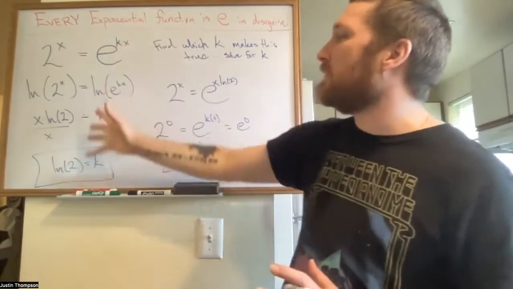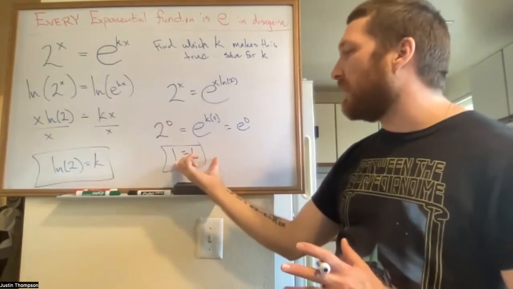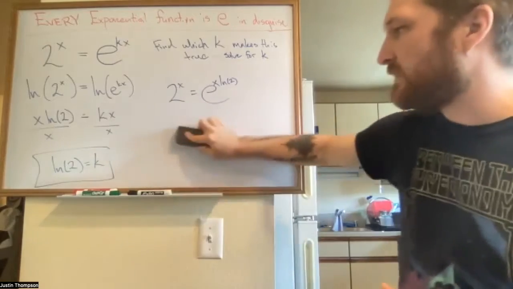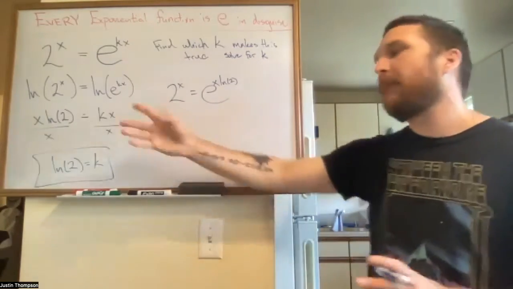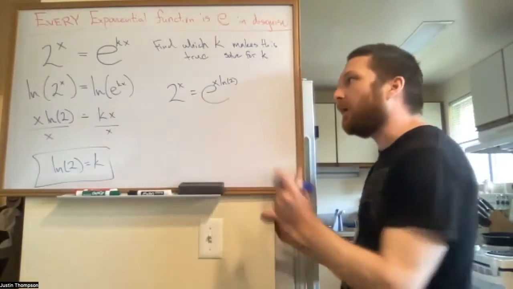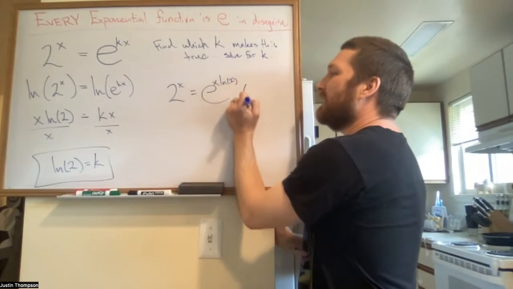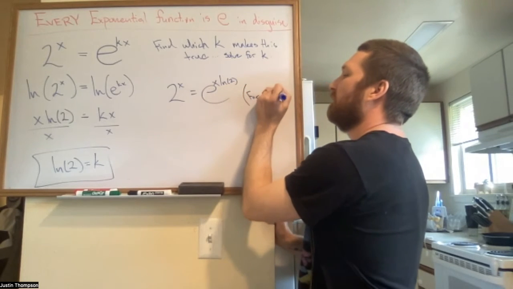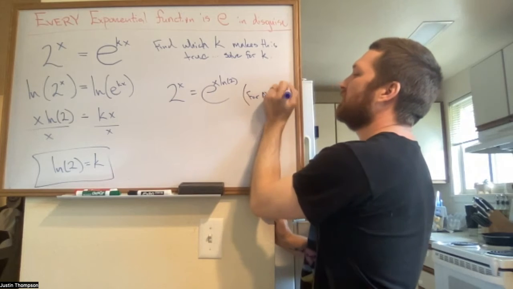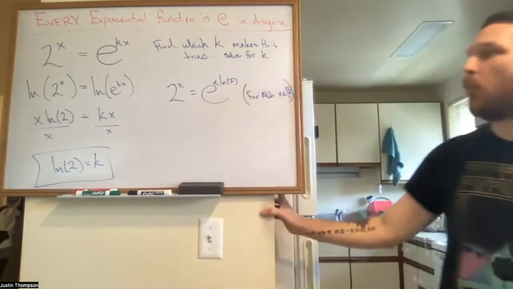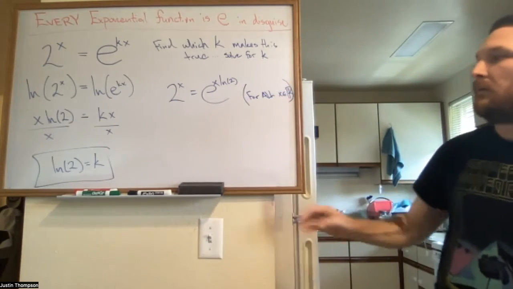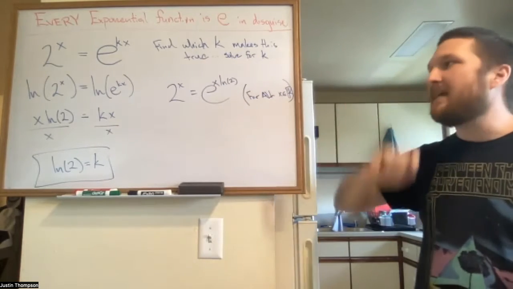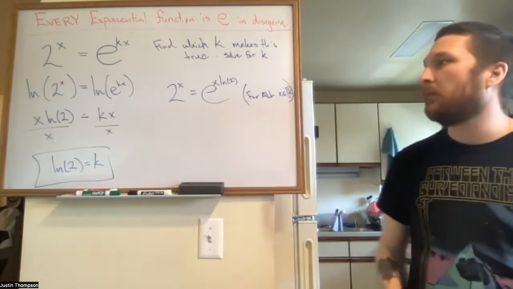Normally we don't stop and think about those types of things, but it's good to know. What I found is that for all real values of x, no matter what, the function 2 to the x is equal to e to the natural log of 2 times x.